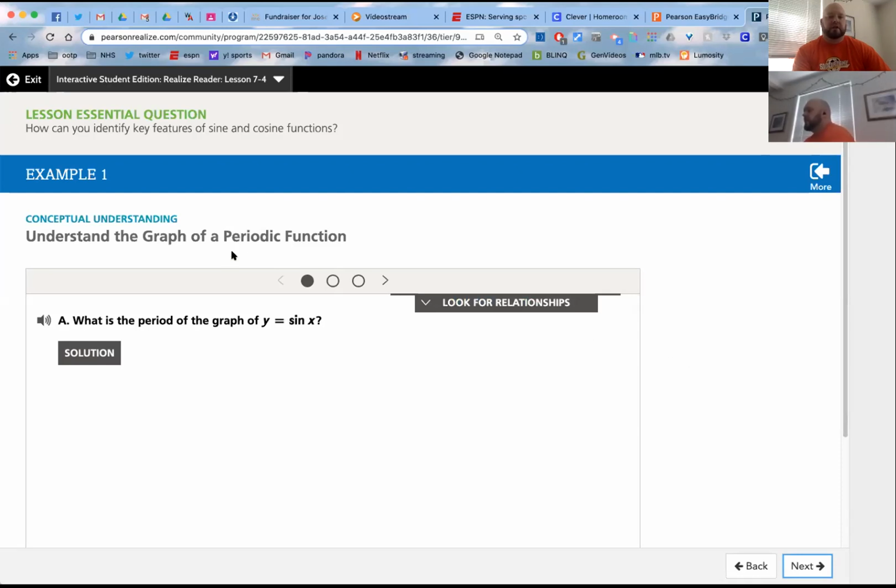So the first thing is, periodic function was one of our vocabulary words, and I haven't really talked about what that means yet. So before we go any farther in example 1, I'm just going to explain what a periodic function is. So periodic just means something that repeats over some length, some period of time. So a periodic function, typically we talk about them as mathematicians, we talk about them as wave functions.